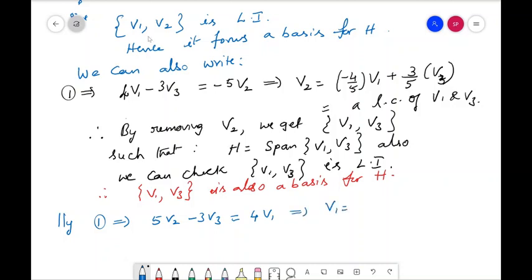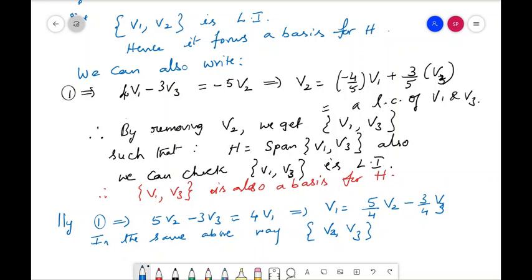So v1 is a linear combination of 5 by 4 v2 minus 3 by 4 v3, and proceeding in the same way as above, the set containing v2, v3 is also a basis for H. So not just one basis here, you have two more bases for the same subspace under the given conditions.